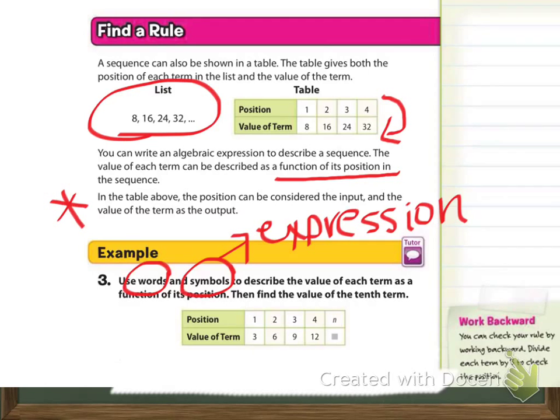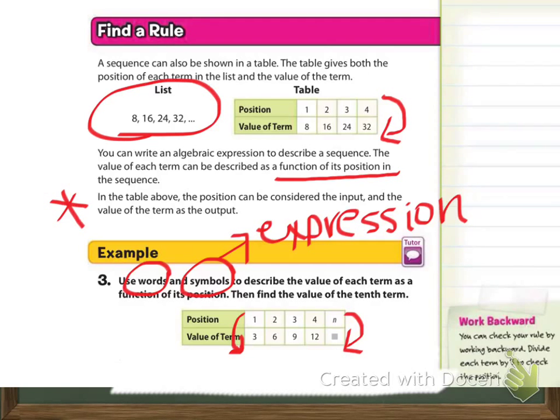Now, they're talking about finding the relationship from the position on the top down to the value of the term. You first start with the position, then you go to the value. So what's happening here? Maybe it's 1 plus 2 equals 3. So 2 plus 3, oh no, that's 5. It doesn't equal 6. Must not be the rule.